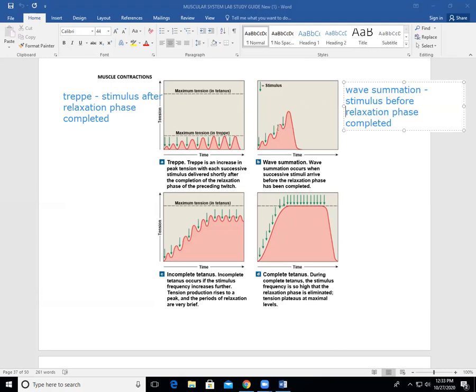Now, we also have tetanus. And with incomplete tetanus, you have an even greater increase in stimulus, but tension gets to a peak. You have brief relaxation periods.